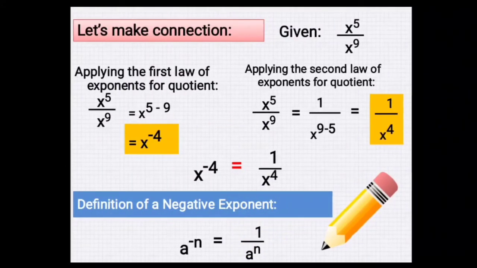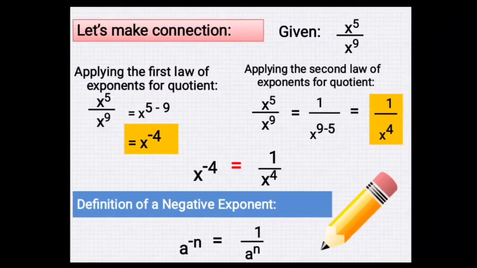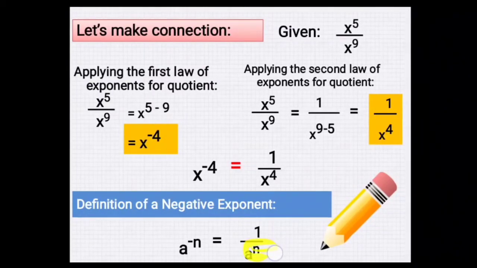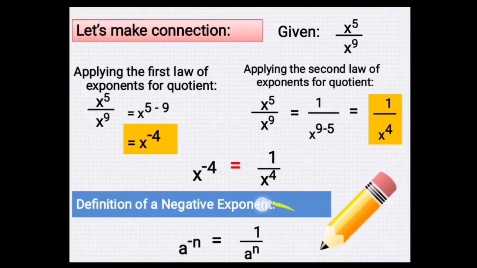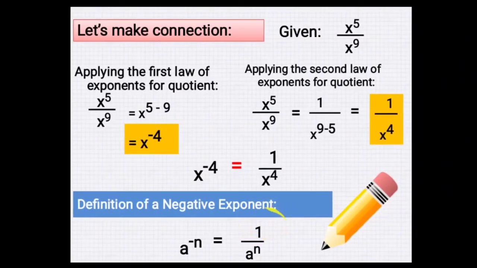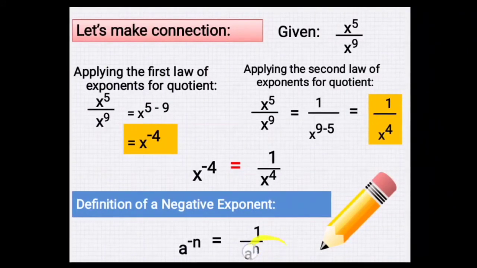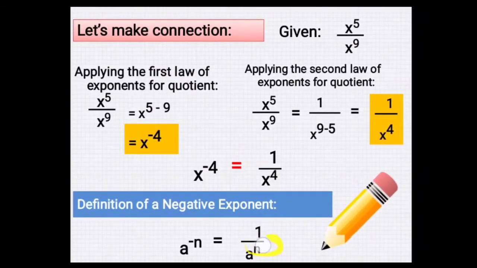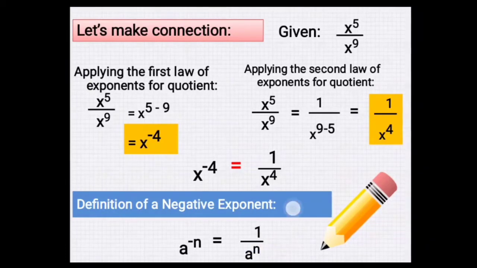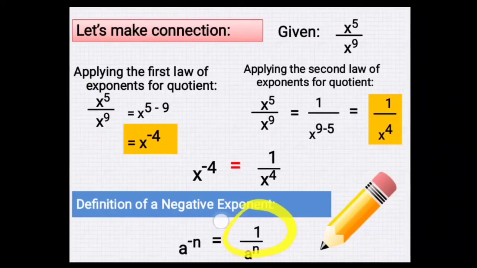Then copy the exponent with positive sign. Okay, like this. Again, a over 1 has a reciprocal of 1 over a. Then copy the exponent with positive sign. So 1 over a raised to n.